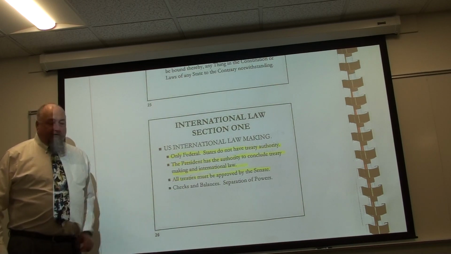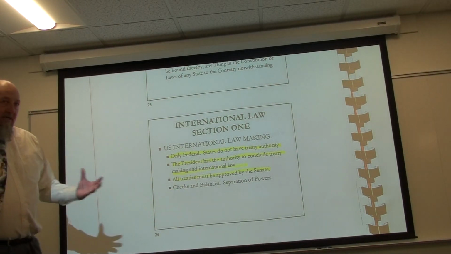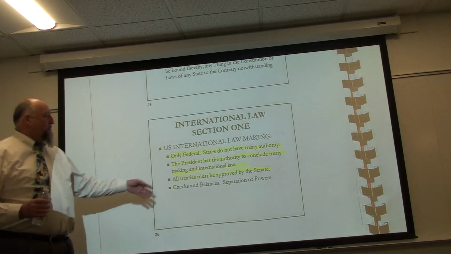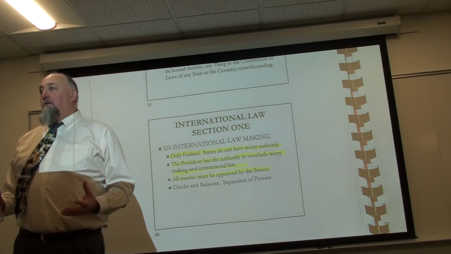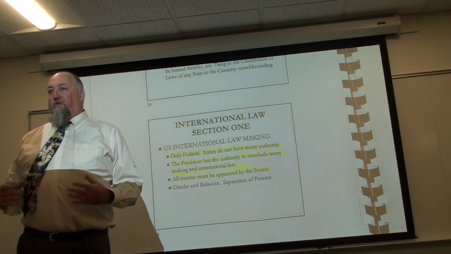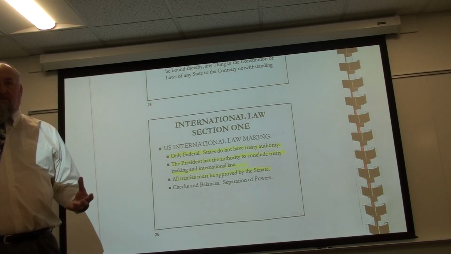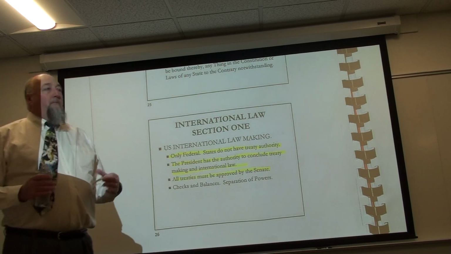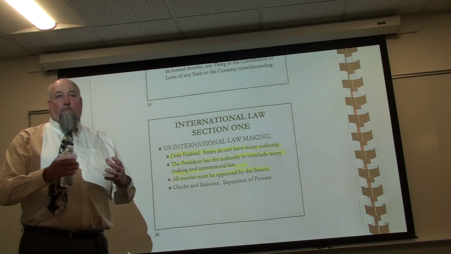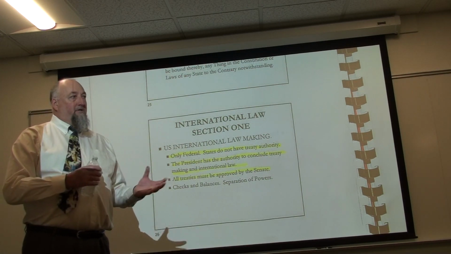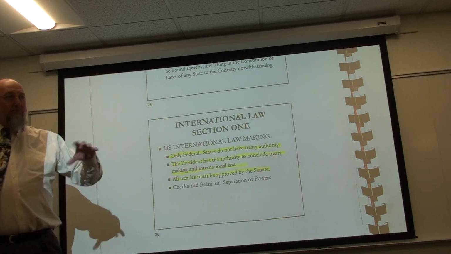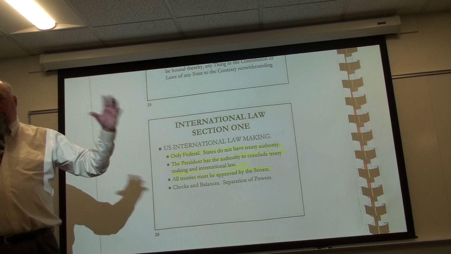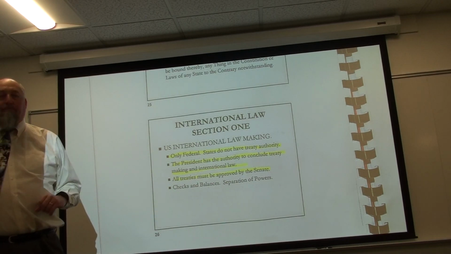The president has the authority to conclude treaties, that is, make treaties. Now, that's not usually done directly by the president. That's usually delegated either to an ambassador or the Secretary of State within our domestic system. Other countries have the same basic idea, where it's usually delegated to whatever their diplomatic procedures are within that state.